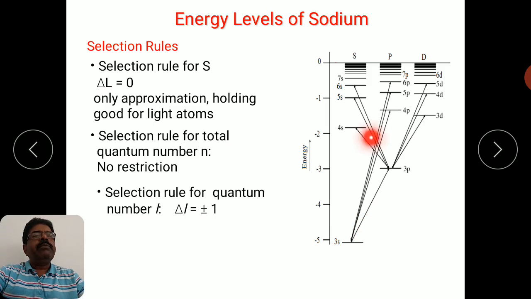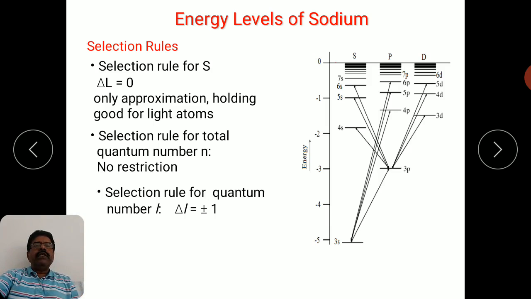Similarly, 3P to 4S is also allowed, again delta L is equal to 1. But 3S and 3D is not allowed. You can see S and D here. For 3D, the D subshell means the L value is 2 and here the L value is 0. So delta L will be equal to 2 and that is not directly allowed.